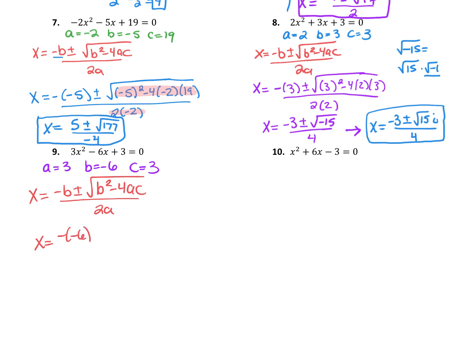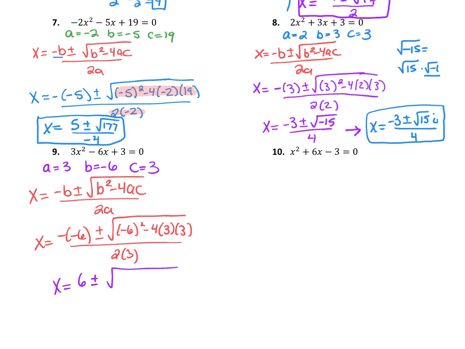So negative 6 plus or minus the square root of negative 6 squared minus 4 times 3 times 3 all over 2 times a. Okay, so negative 6 becomes positive 6. Then I'm going to do what's underneath my root, and I'm actually going to get 0.